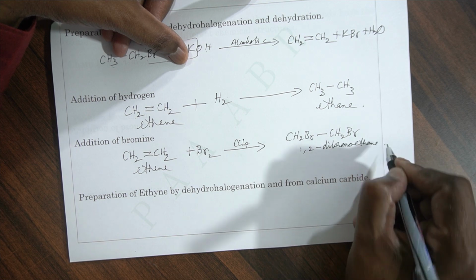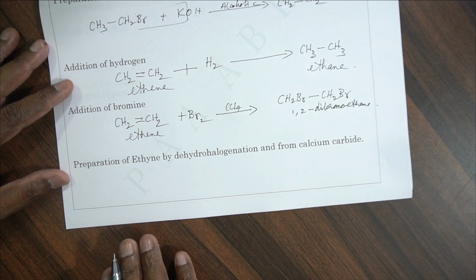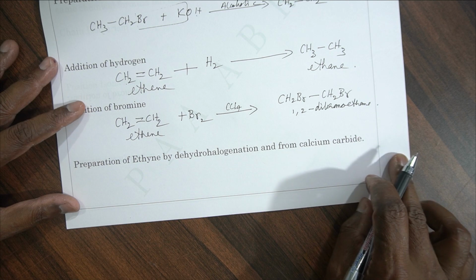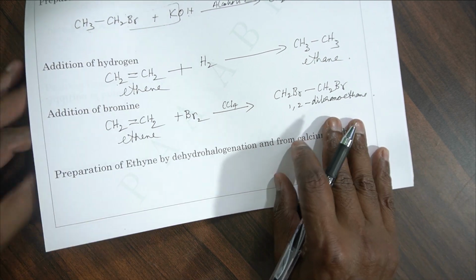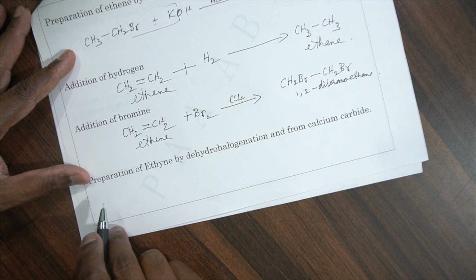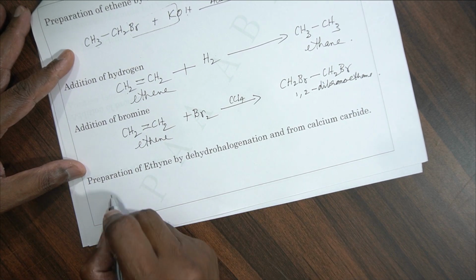ethane, a saturated hydrocarbon. Okay. Now the next is preparation of ethane by dehydrohalogenation and calcium carbide. Dehydrohalogenation is a method for preparation of ethane. Okay.